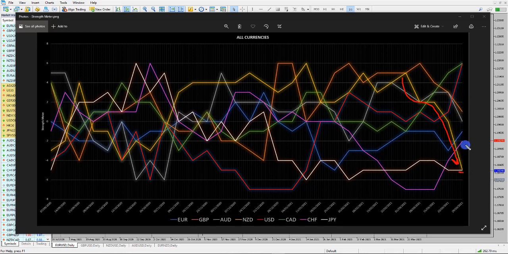It hasn't quite crossed over against the yen just yet, but especially against the Canadian dollar, the US dollar, and now the euro and the Swiss franc, we're definitely seeing that those markets could potentially change in trend, and some key resistances being broken on those markets.